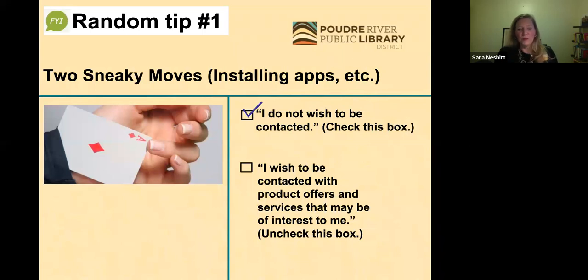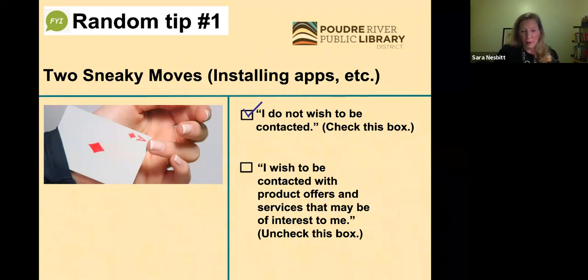So what you're going to see is a lot of apps saying, "I do not wish to be contacted." Check that box. That box is going to automatically be unchecked so they can take advantage of the fact to send you items. You have to opt out, basically. So check this box: "I do not wish to be contacted."